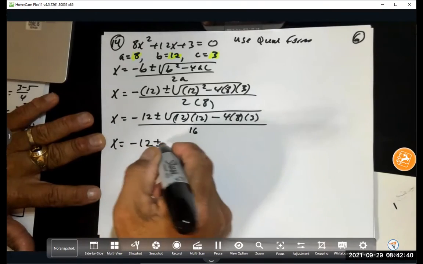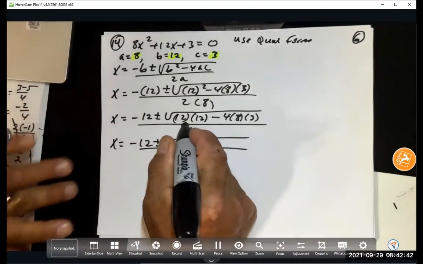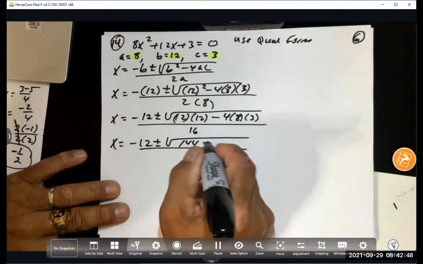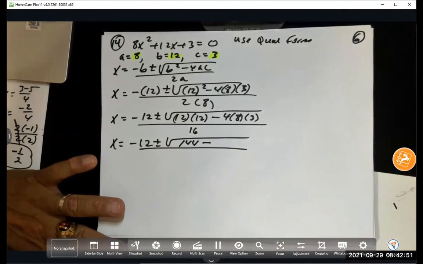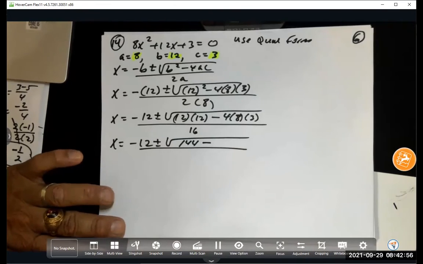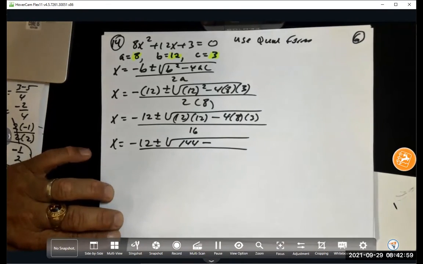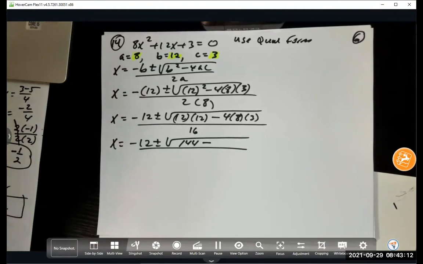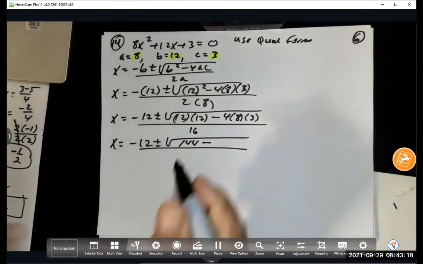So now you tell me what this is. 12 times 12 is 144. 144 minus 4 times 8 times 3, use the calculator. 96. Yes, good. All right, so we got 96.